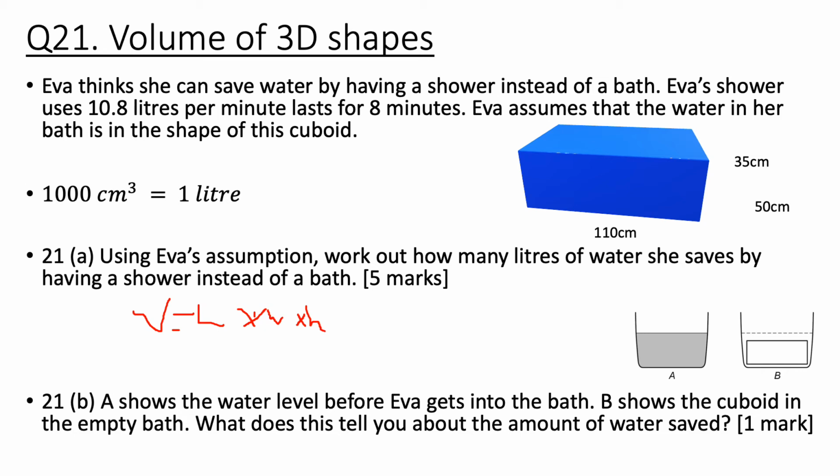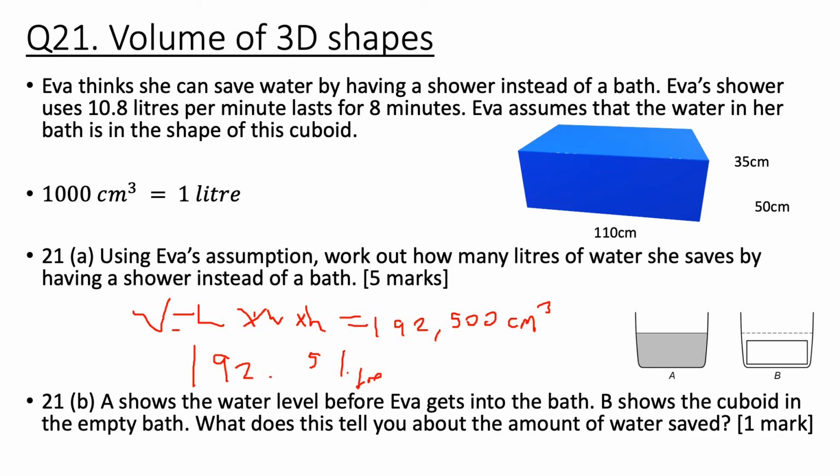So this times this times this, and I get 192,500 centimetres cubed for the volume. Okay. I would then divide that by 1,000 to convert centimetres cubed into litres. Okay, so dividing it, and I get 192.5 litres for the bath.